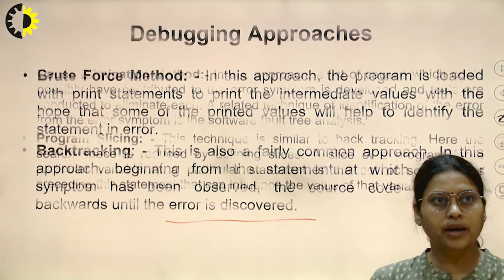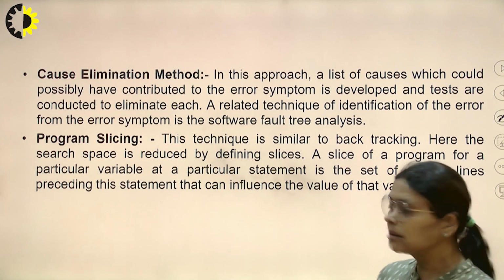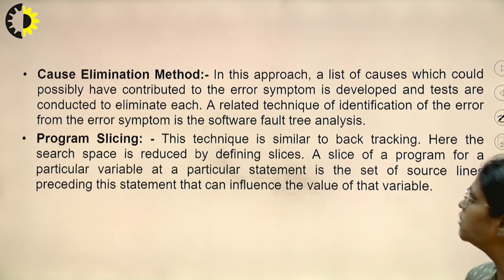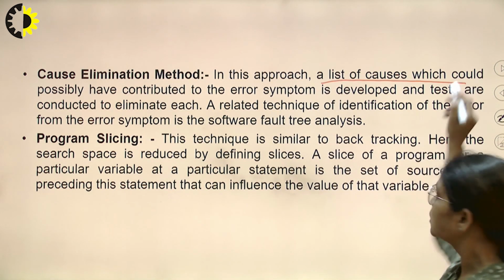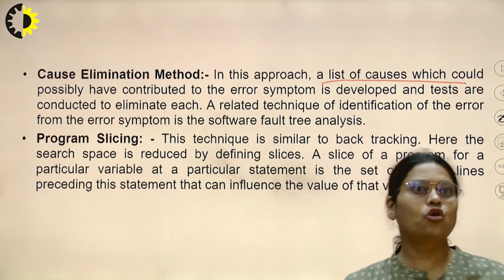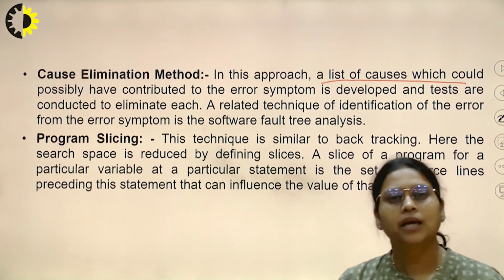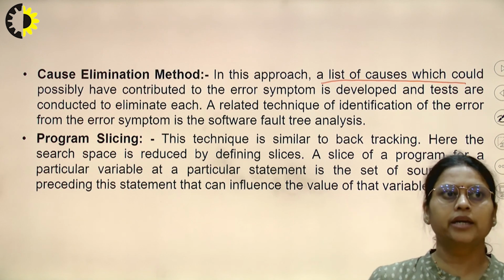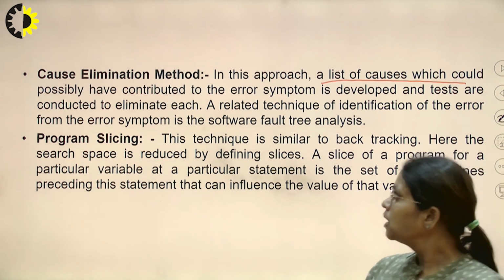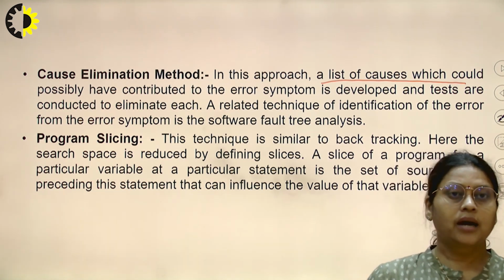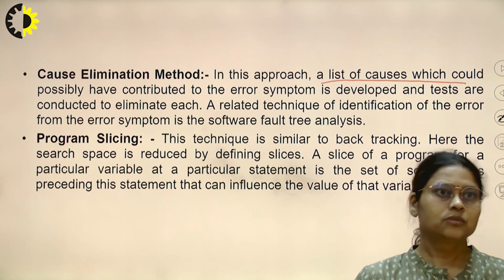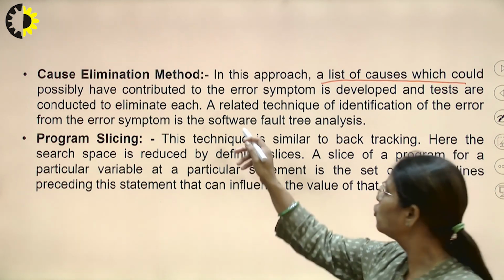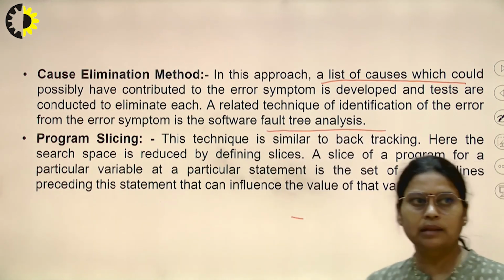This is another method of debugging, the cause elimination method. In this approach, a list of causes which could possibly have contributed to the error symptoms is developed, and tests are conducted to eliminate each. A related technique for identifying an error from the error symptom is the fault tree analysis method.